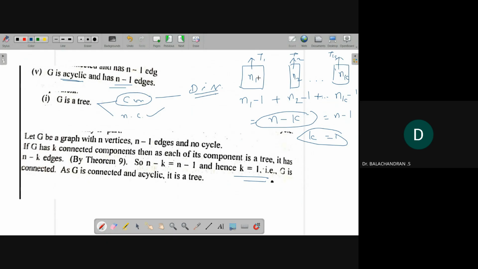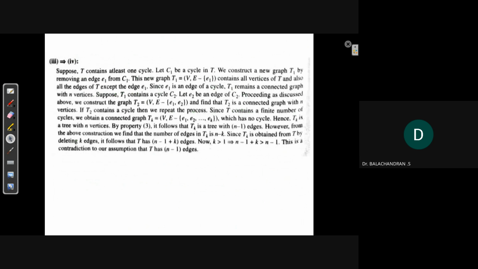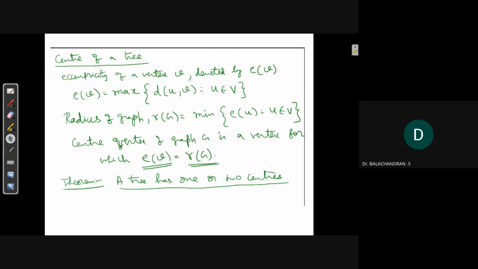Each of them is connected and each of them has no cycle, because in the assumption 4, T has no cycle, so each component has no cycle.